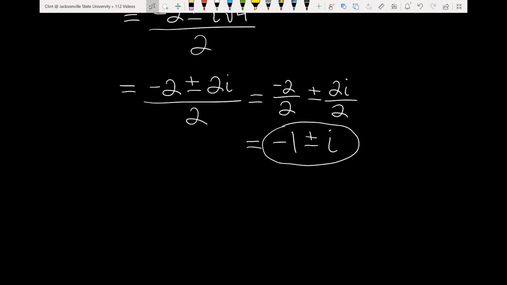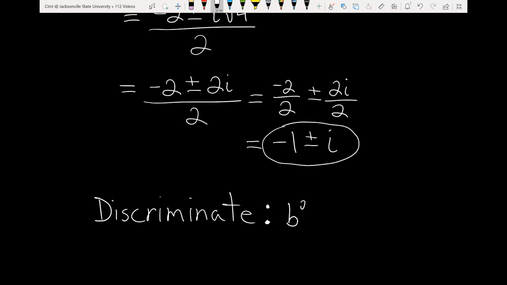And without working the problem all the way out, we could figure out what type of solutions we're going to have just by looking at part of the quadratic formula, the discriminant. The discriminant is the part that's underneath the square root. So the discriminant is the b squared minus 4ac part of our quadratic formula.